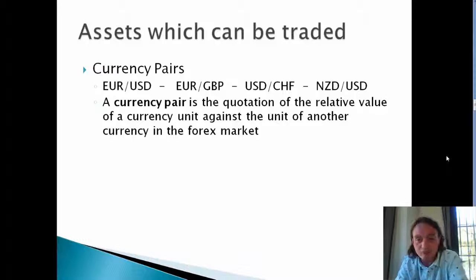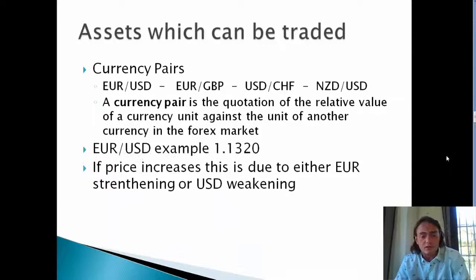So it's the quotation of the relative value of the two currencies against each other. In this example, we have the euro dollar. The price is 1.1320, which means that for 1 euro you will get $1.1320.